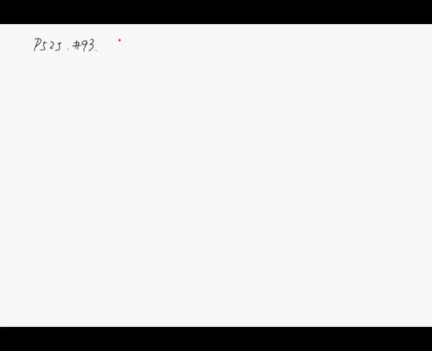We need to prove natural log of the absolute value of secant alpha plus tangent alpha equals negative natural log of secant alpha minus tangent alpha.